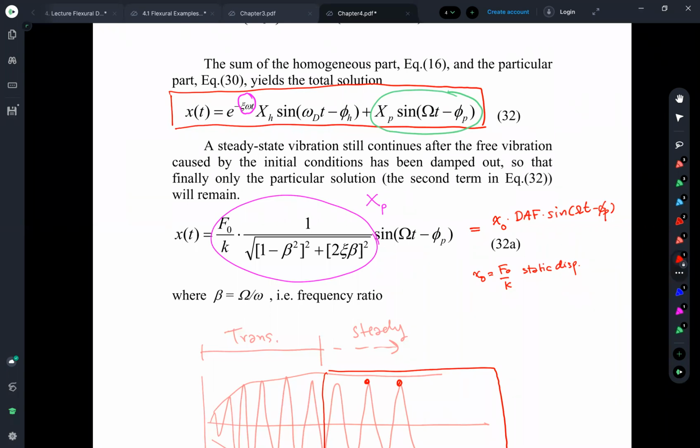But if the DAF is greater than 1, it can be 2, it can be 3, 4.5, 6.7, that means your dynamic response will be a magnification of the static displacement. Okay, how much your dynamic response is greater than the static response is explained by this DAF.